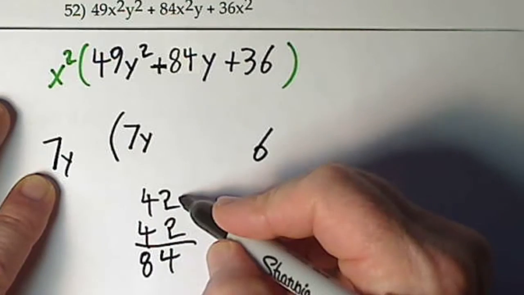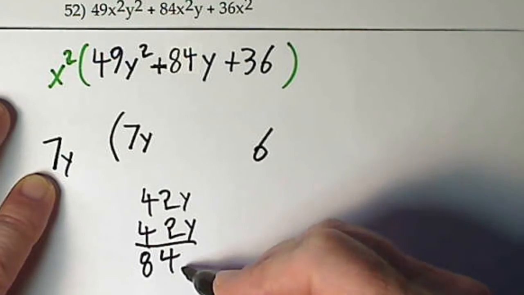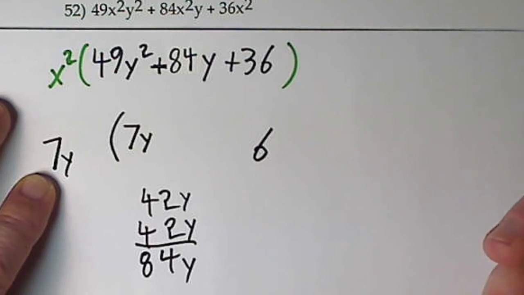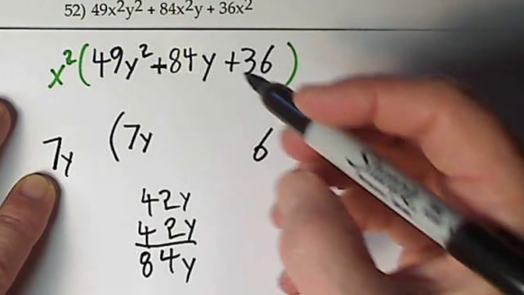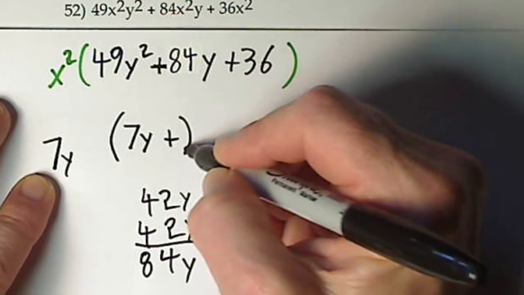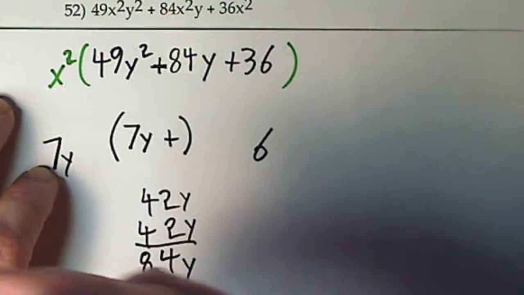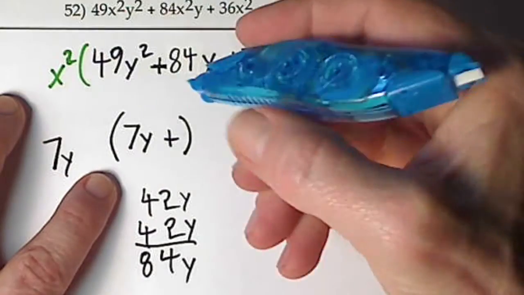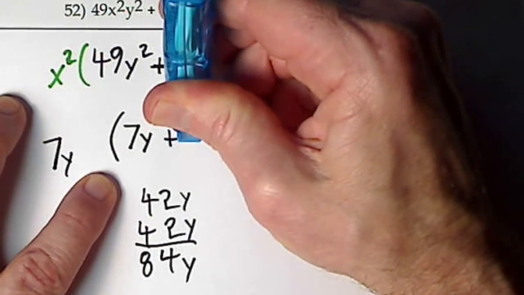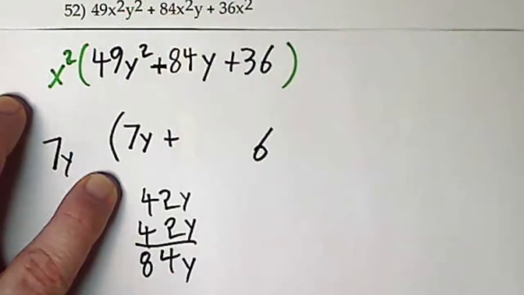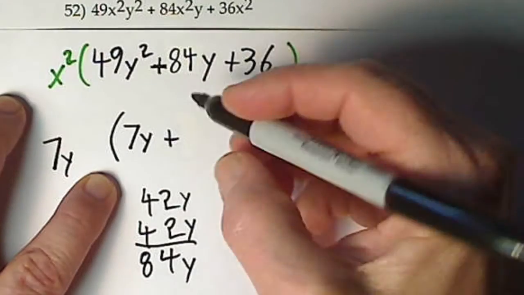Sorry about that. So that would be a y. And then this 6, it's going to be plus, getting rather distracted by the noises outside. Sorry about that. Hopefully it'll quiet down out there.